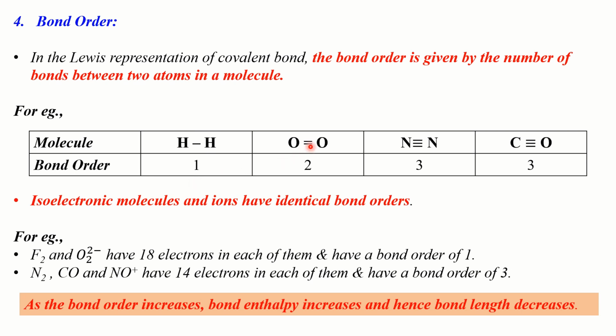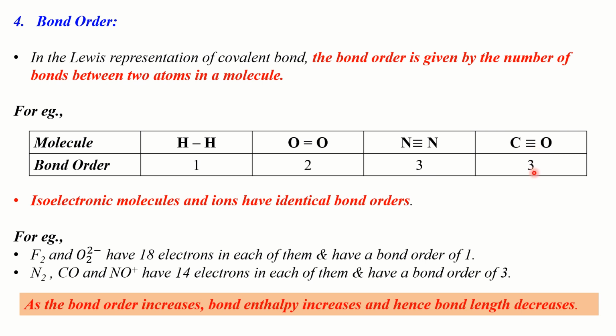Now, as there are 2 bonds between the 2 oxygen atoms of oxygen molecule, the bond order of oxygen molecule is 2. There are 3 bonds between the 2 nitrogen atoms of nitrogen molecule, and as a result, the bond order of nitrogen molecule is 3. Now, as there are 3 bonds between the carbon and oxygen atoms of carbon monoxide molecule, the bond order of carbon monoxide is 3.